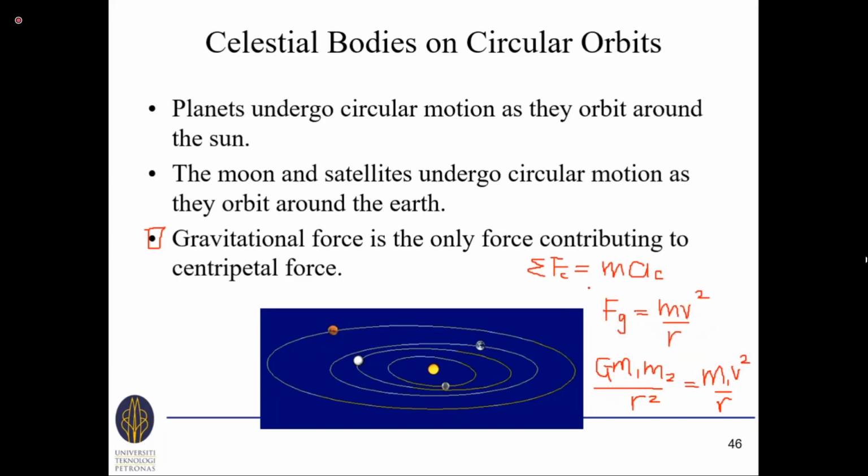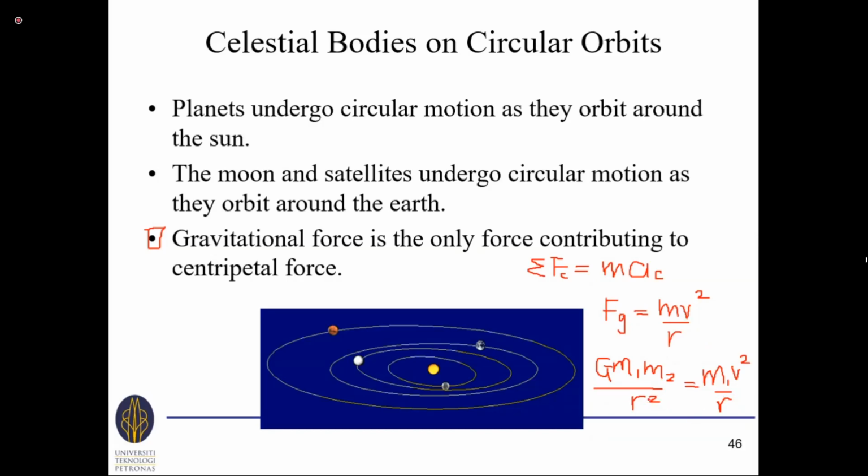Fg refers to the gravitational force, so you write it in full: G m1 m2 over r square equals m1 v square over r. One of these m can be cancelled, for example for the moon, and whatever is left is just the mass of the planet itself, and then one of the r also can be cancelled.